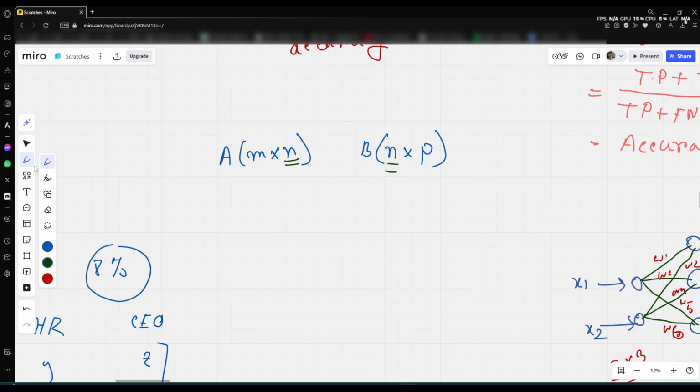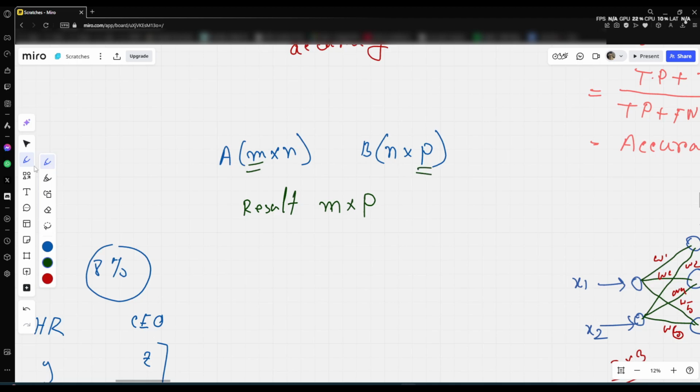Okay, this result is m into p. Oh, I'm extremely sorry, I got confused with the rows and columns. So it involves the dot products of rows of the first matrix with the columns of the second matrix.